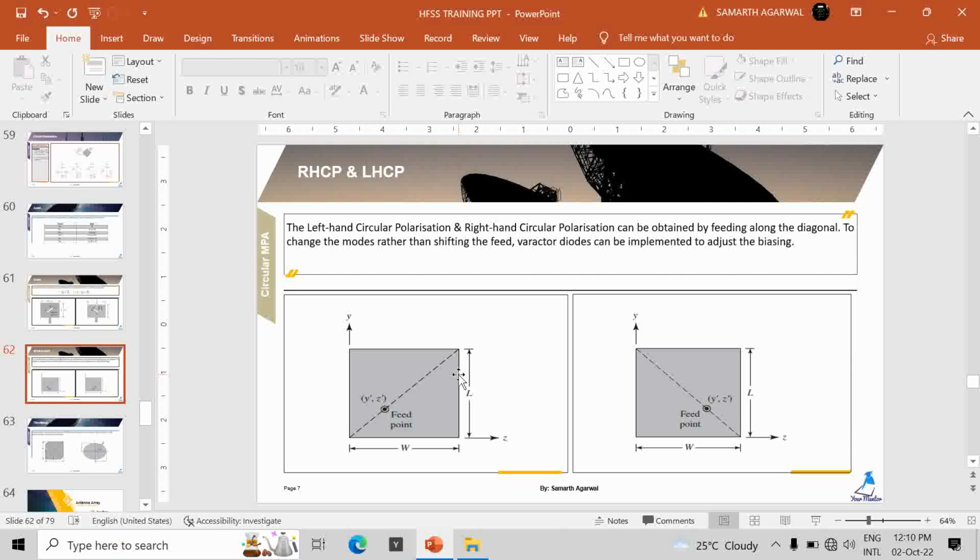Another way to change the feeding is a varactor diode, for higher frequencies, which can be implemented to adjust the biasing, meaning adjust the voltage supply. This can be done at either side, so that you will get circular polarization or RHCP and LHCP.